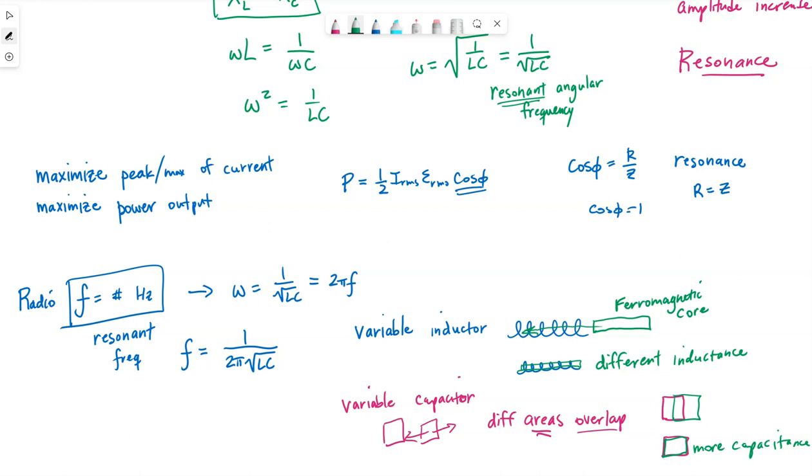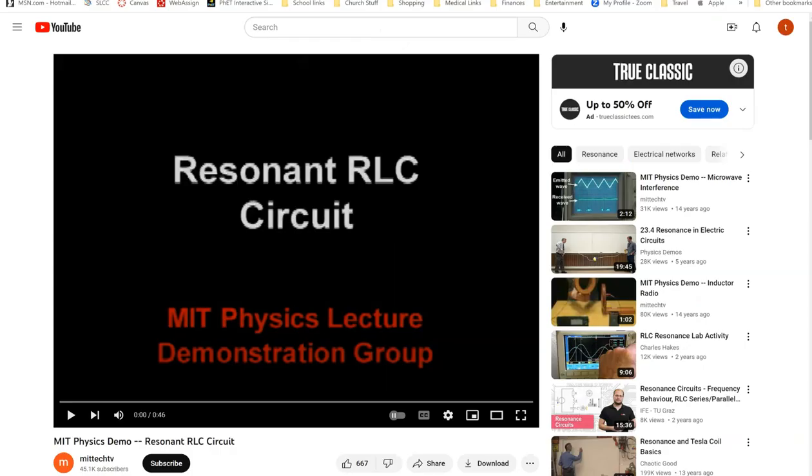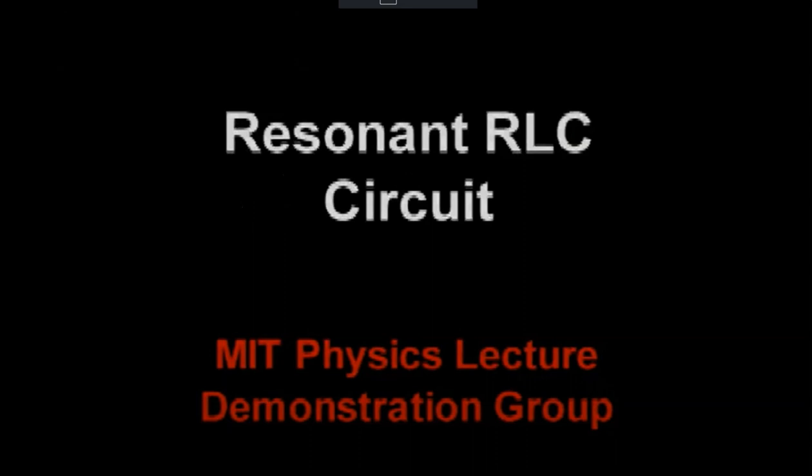Now, to show you this, I found a video clip. Love YouTube. There's no talking in this video clip, but they have an inductor and capacitors set up and hooked up to a light bulb, which acts as a resistor, and they vary the inductance and the capacitance.